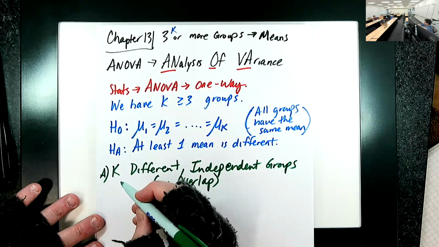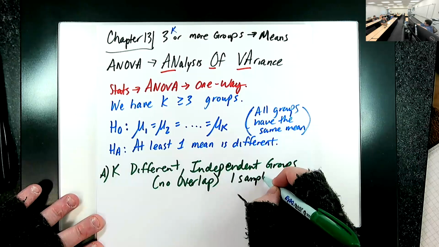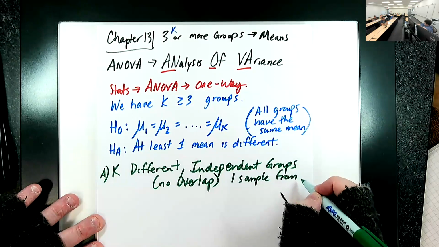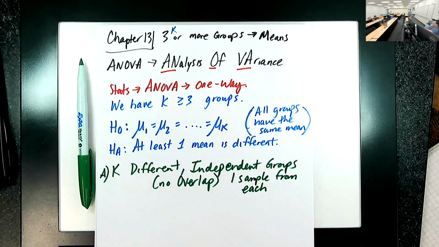We need 1 sample from each group. If there's K different groups, every group needs to be represented. Otherwise, we can't really make a statement about if all the means are the same if we don't have all the data for each group. Makes sense. It seems obvious.